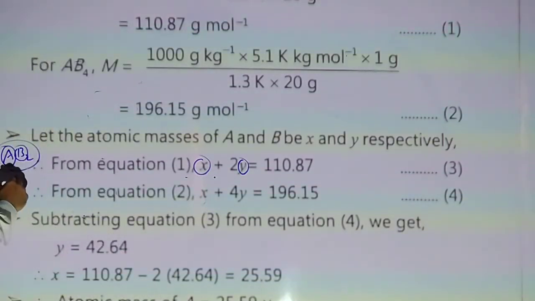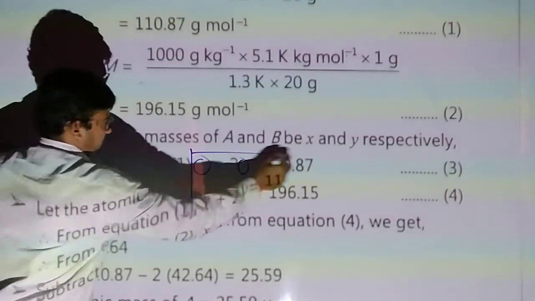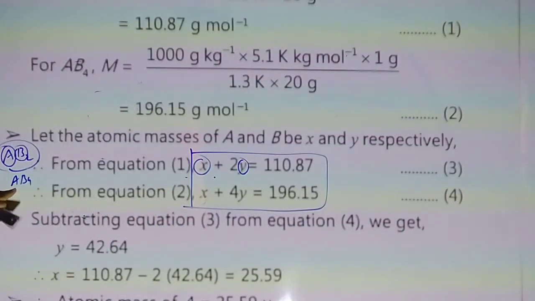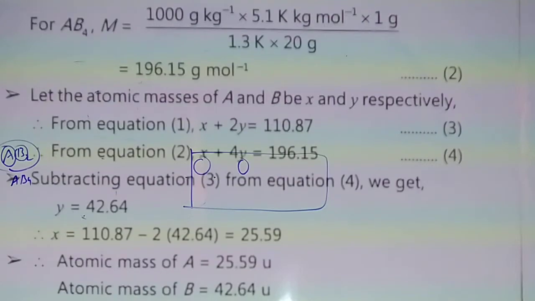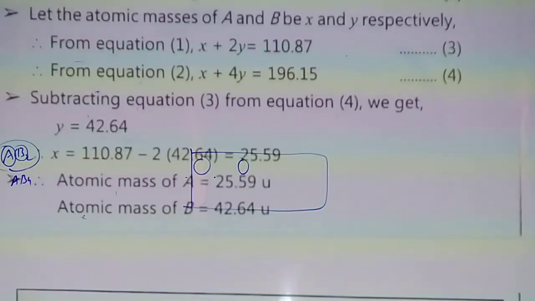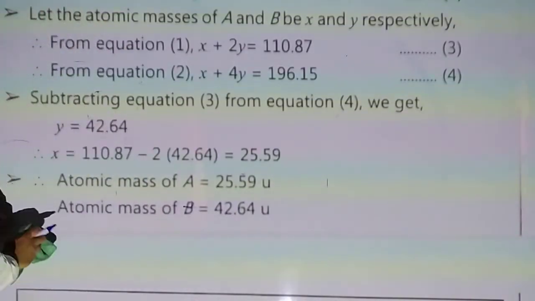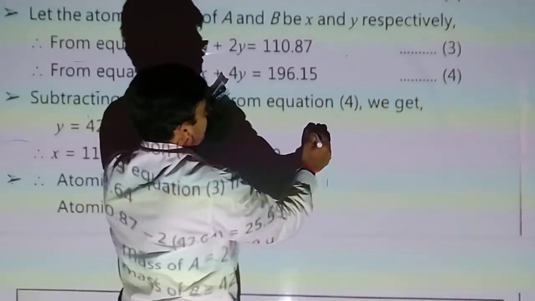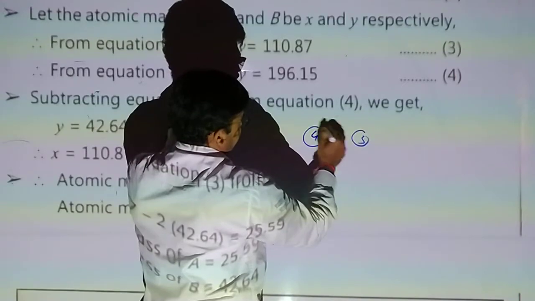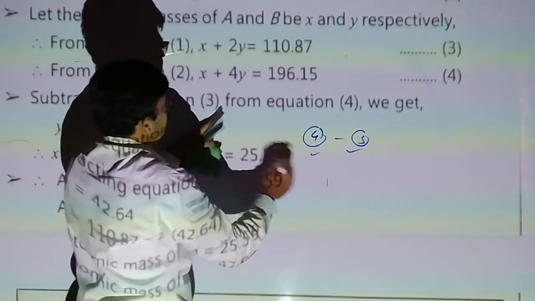In AB4, we have 1 times A, so X, and 4 times B, so 4 times Y. So substitute in the equation 3 and we get, subtraction: from the fourth, the third will be subtracted.